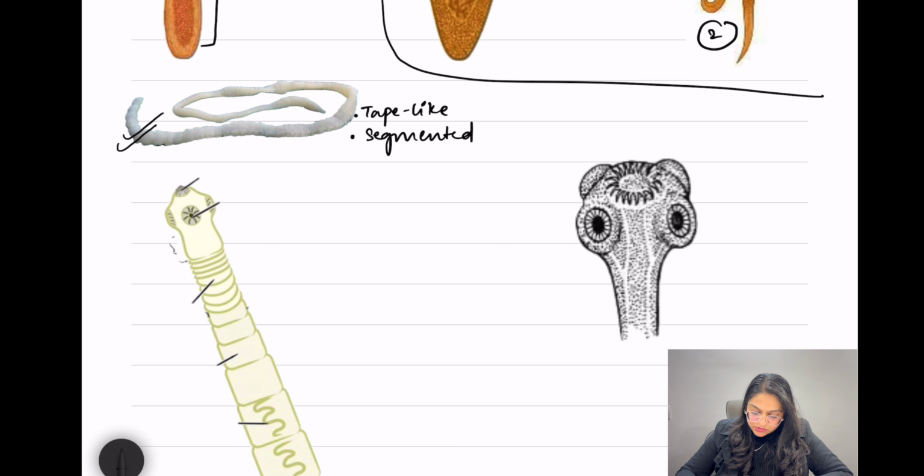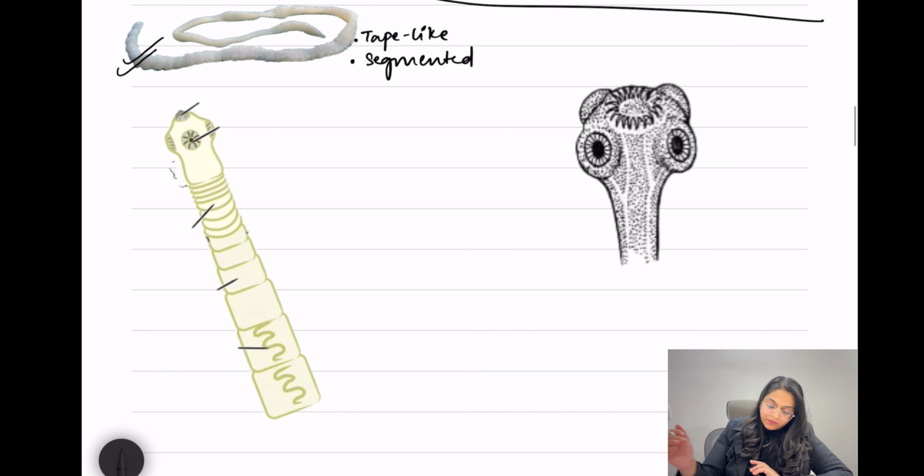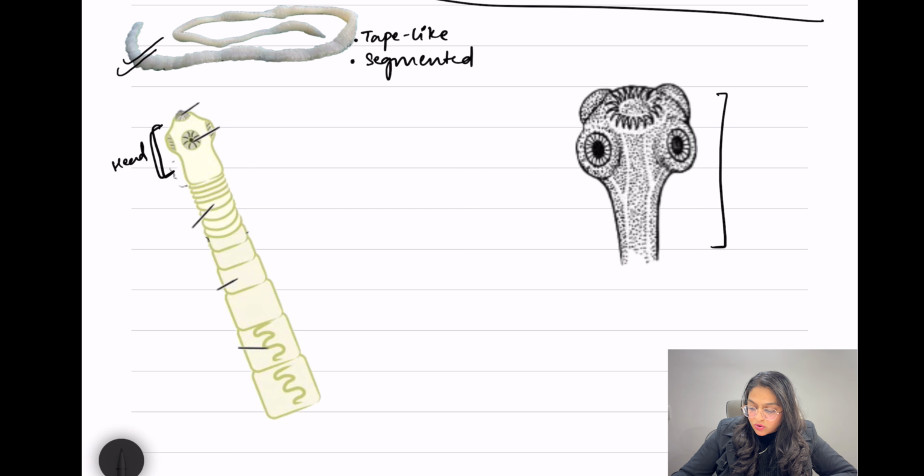Now let's look closer. This is a diagram. Look at this part. This is the head. I have magnified the head here. The head is called the scolex of the tapeworm.